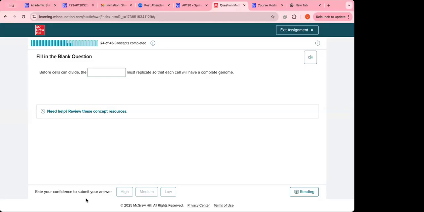Look at your resources. We read this earlier. I think this is DNA. DNA replicates so that each cell will have a complete genome.